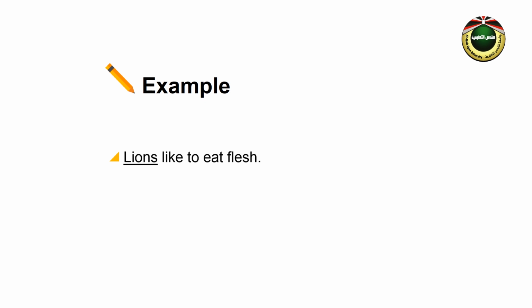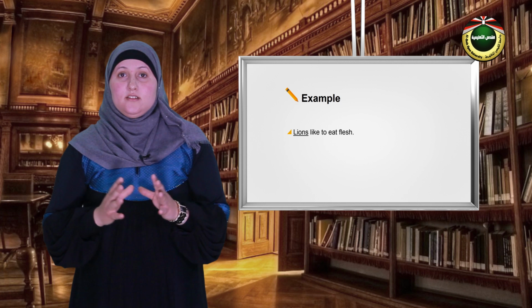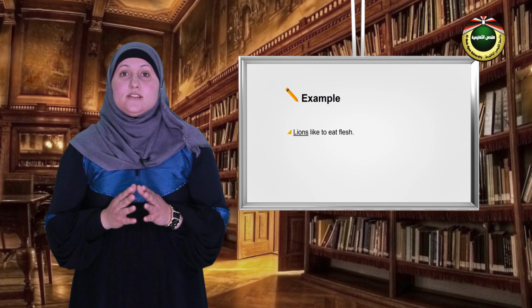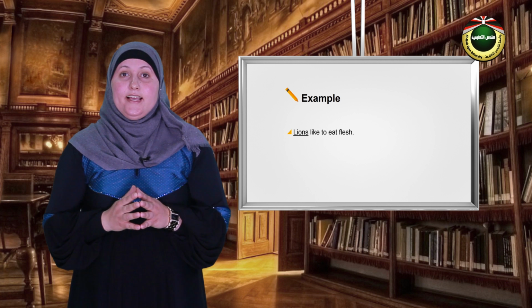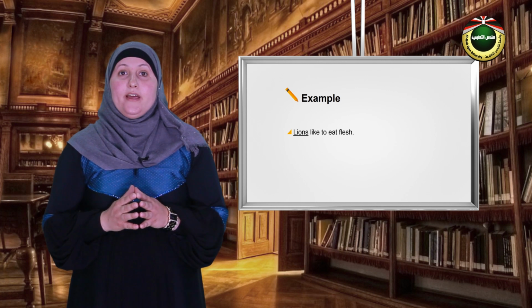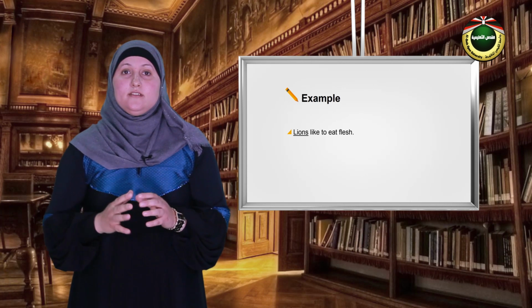Another example. Lions like to eat flesh. Here we ask about lions. So we should use what? Because lions are non-human. We say that we should use the verb as if the subject is singular.